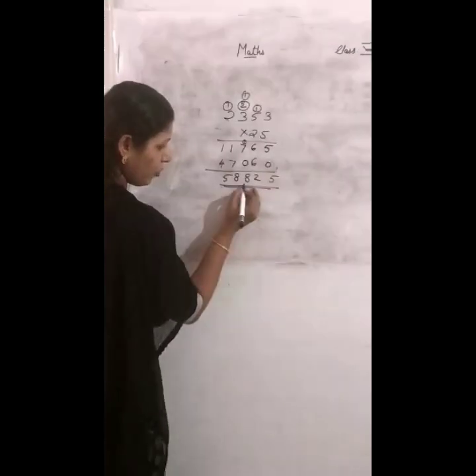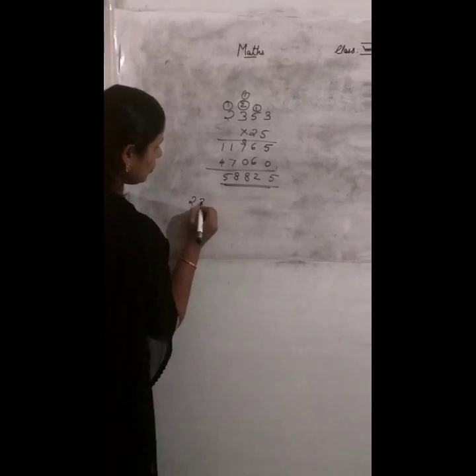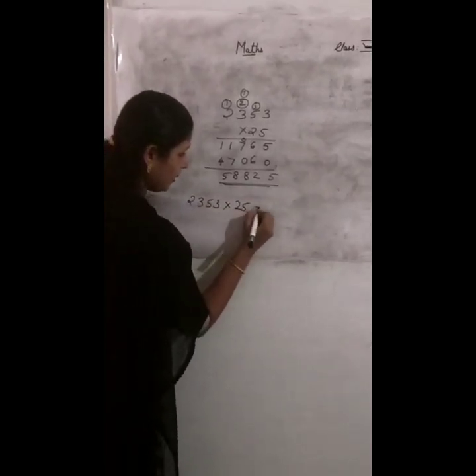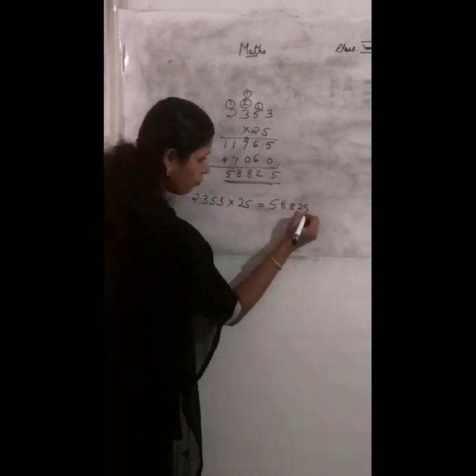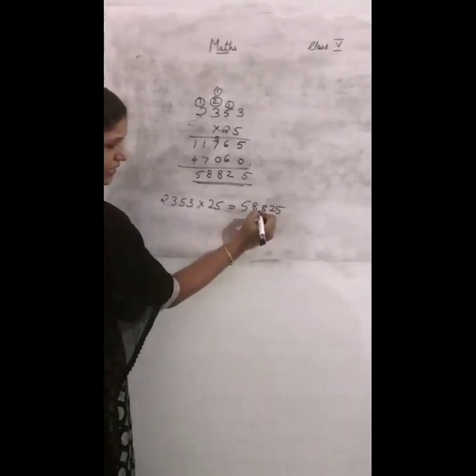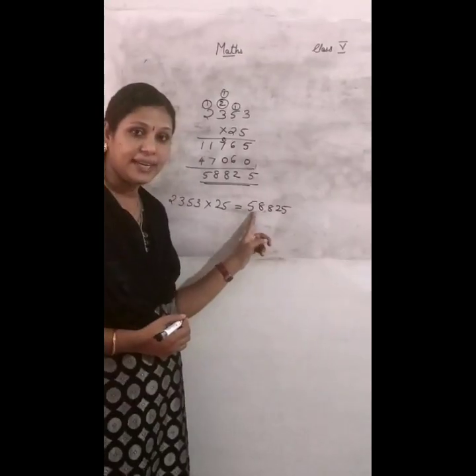So we put a comma here. We get 2353 into 25 as the number 58825. We read this number as ones, tens, hundreds. Put a comma here, and these are the 1,000 and 10,000 places.